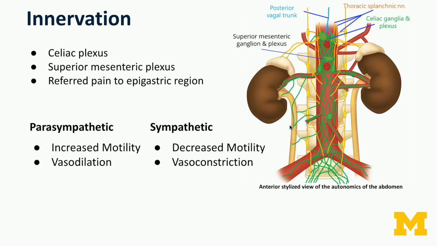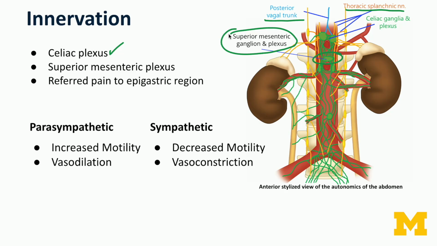Innervation of the duodenum is a little more complex than what precedes it. So we have the celiac plexus, which you'll recall has inputs from the thoracic splanchnic nerves, that's the sympathetic, as well as the posterior vagal trunk, that's the parasympathetic, but it also has inputs from the superior mesenteric ganglion and plexus, because as you recall, we have blood supply to the duodenum from both the celiac trunk via the gastroduodenal and the superior mesenteric artery via the inferior pancreaticoduodenal.